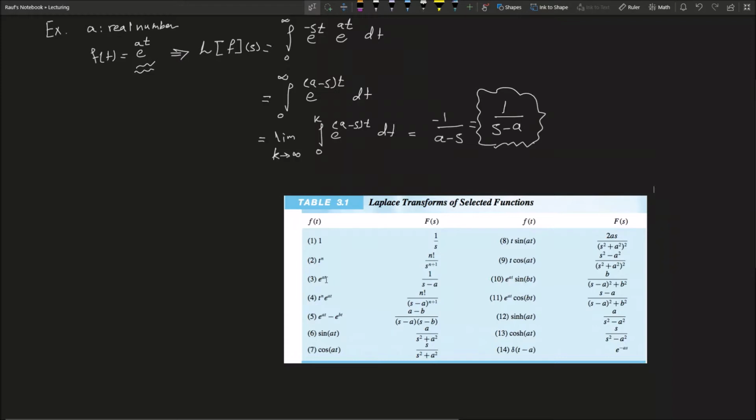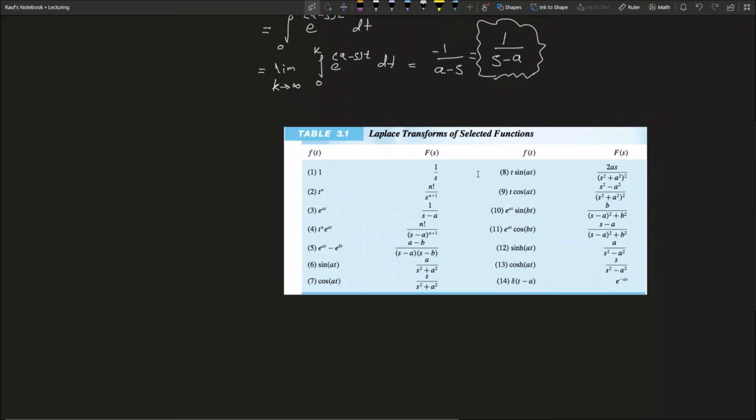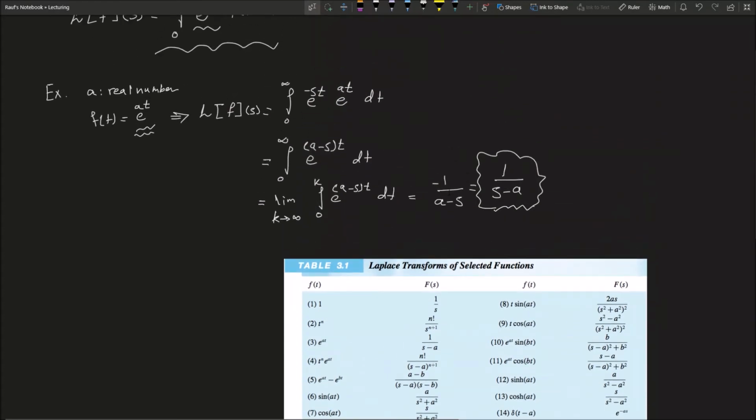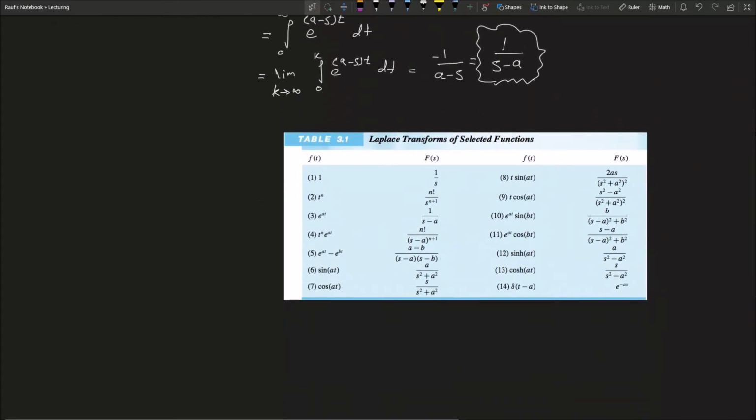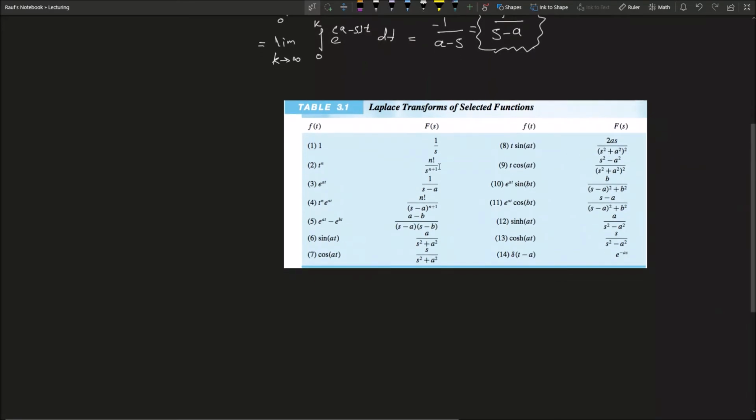You can see here e to the power of at gave you 1 over s minus a, and this story continues. So from now on in the future lectures, we will not go through this analytical long method. Somebody made that effort for us, so we'll just use that table in order to solve bigger problems in a faster and more efficient way.